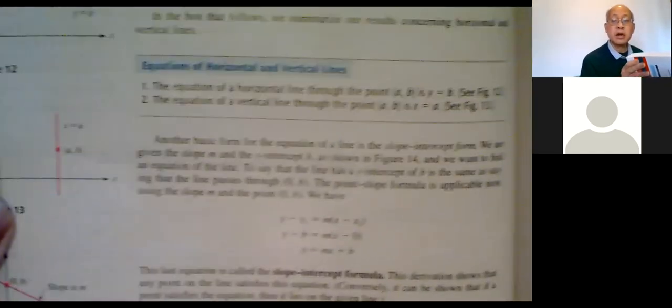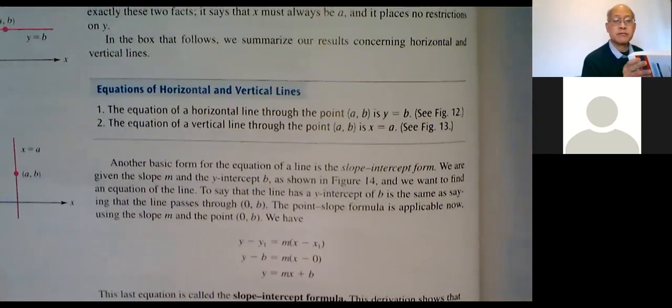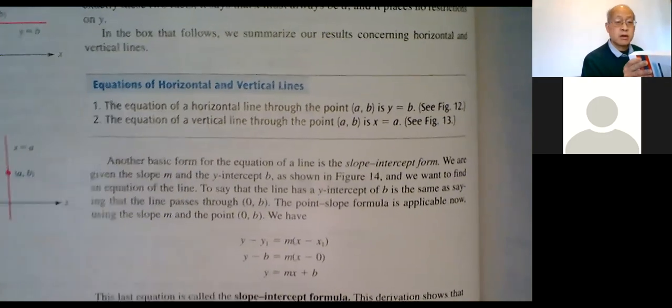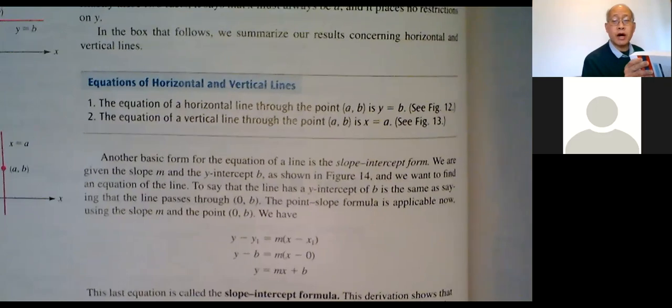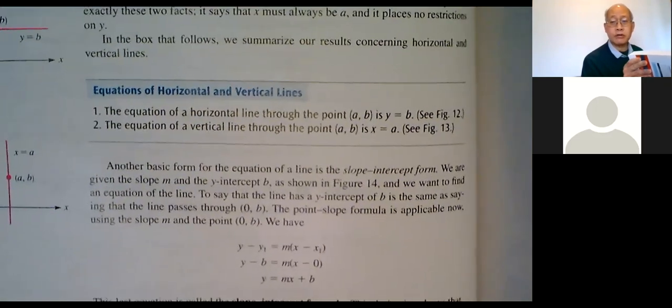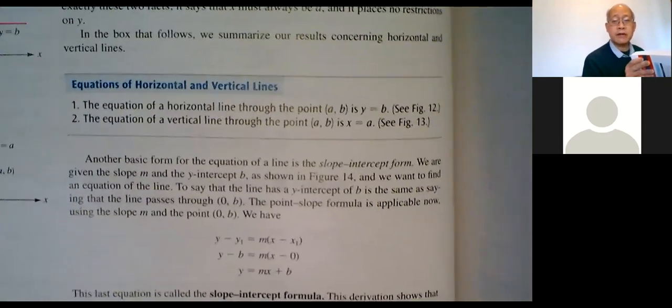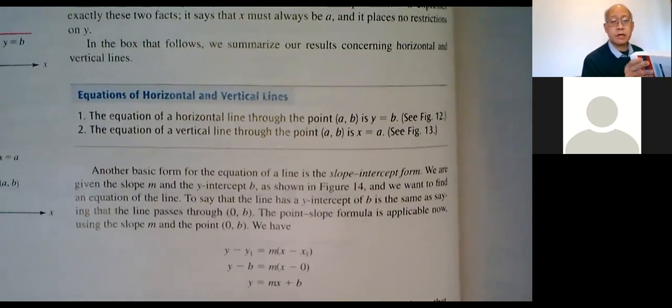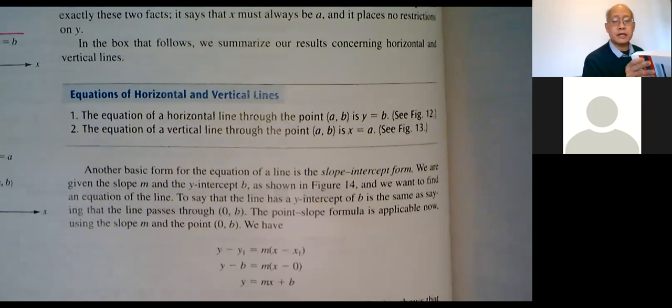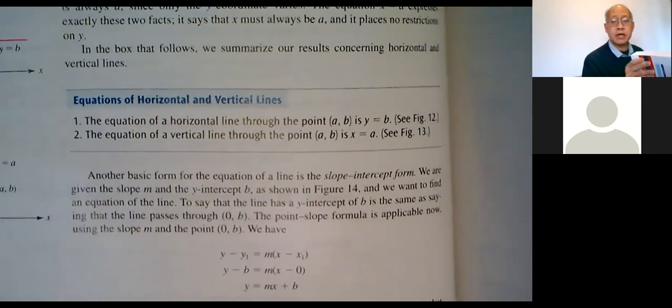Okay, then page 48, horizontal and vertical lines. A quick reminder. The equation of a horizontal line is y equals some number, like y equals b. So given the point (a, b), the horizontal line is just y equals b. If you have a vertical line that passes through (a, b), it's just x equals a constant.